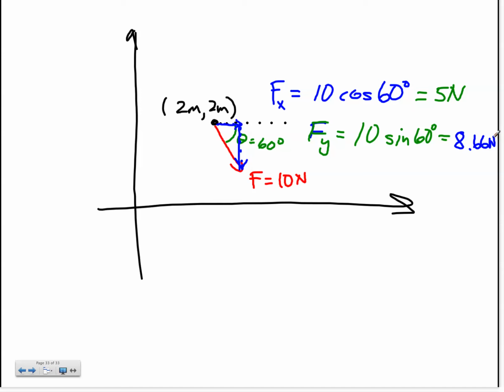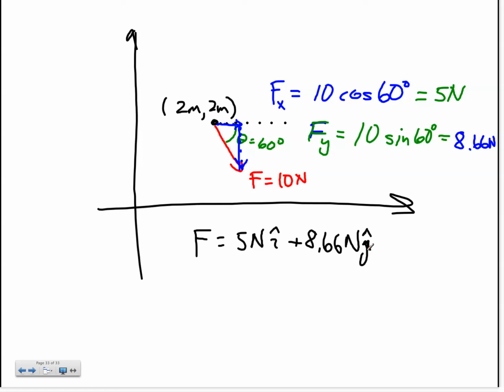So now we know what our force looks like. Our force looks like this: 5 newtons in the X direction plus 8.66 newtons in the Y direction.